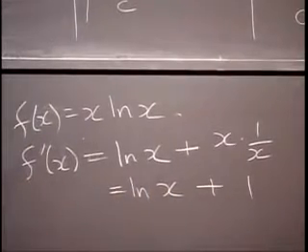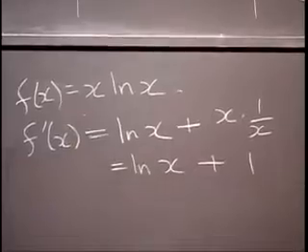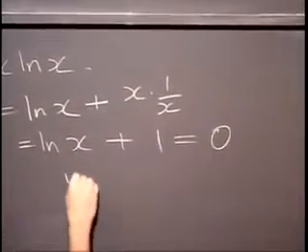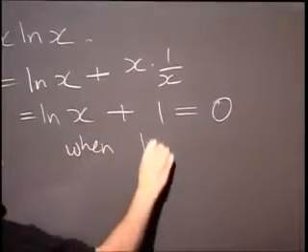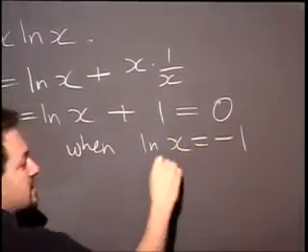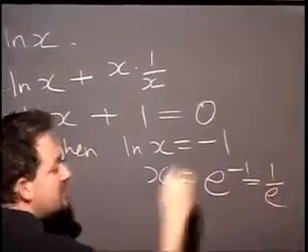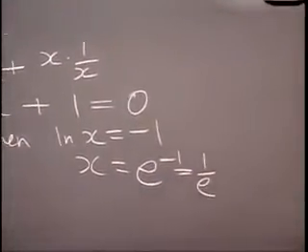Now, if we want to know where the critical points are, let's set this equal to 0. And this is true when log x equals negative 1 or x equals e to the minus 1, otherwise known as 1 over e. So there's a critical point at 1 over e.